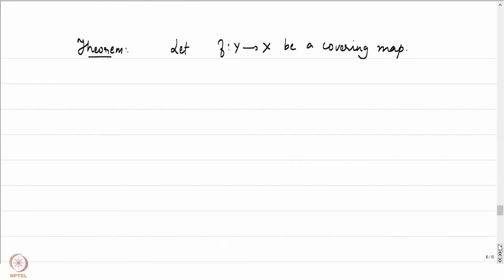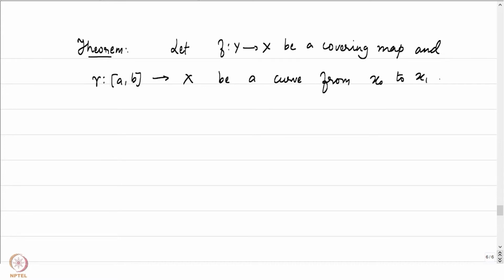Now, let gamma from [a,b] to X be a curve from x0 to x1 in capital X. Suppose y0 belongs to f inverse of x0.